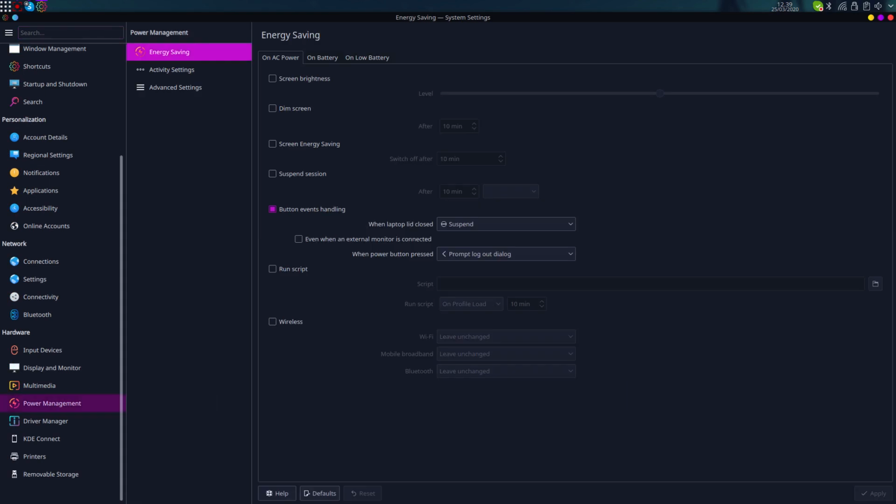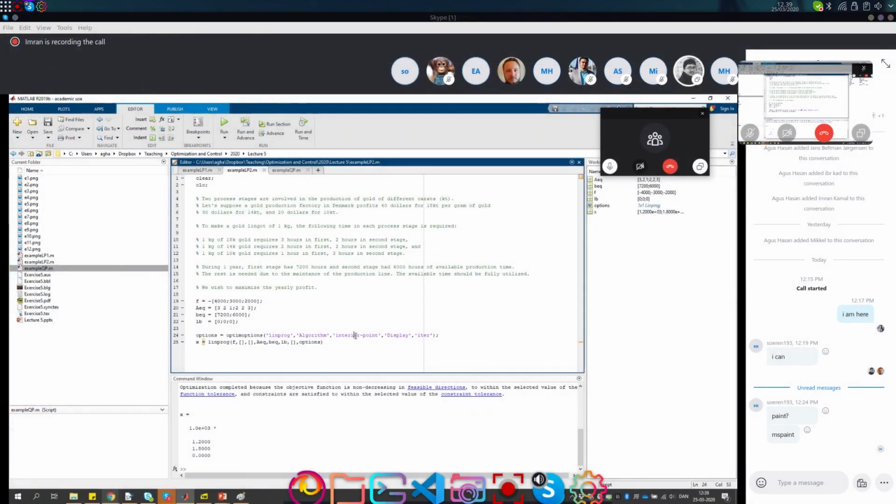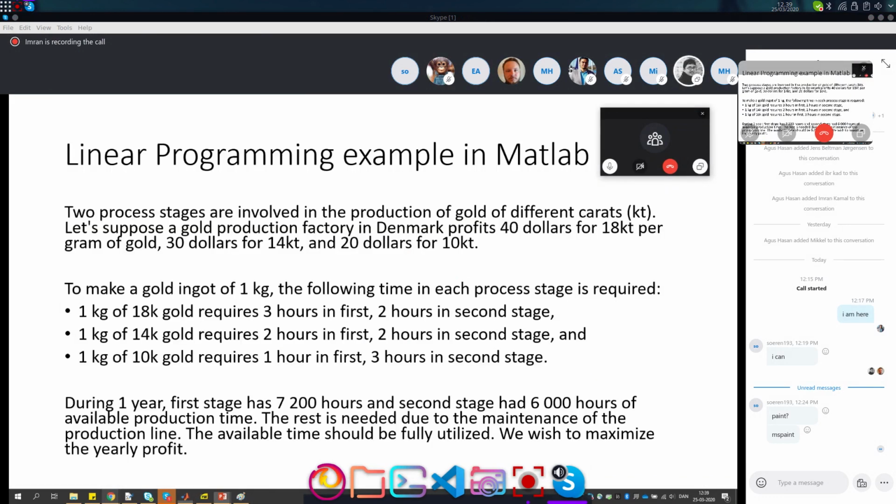So you define the lower bound, and then you can just run this program, and then you get the solution. In this case, we have an interior point. So it's quite straightforward. So the objective of our lecture today is just to introduce you to some functions in MATLAB, how to solve linear and quadratic programming.